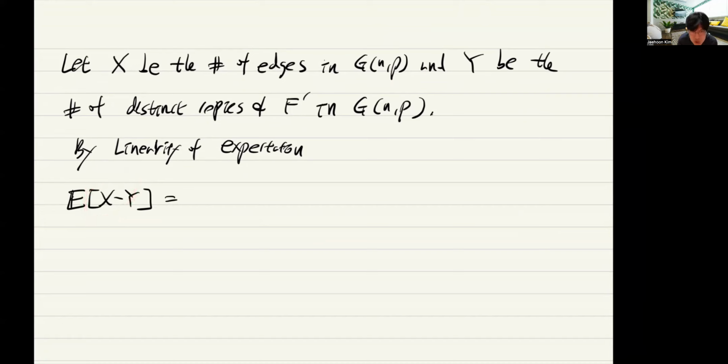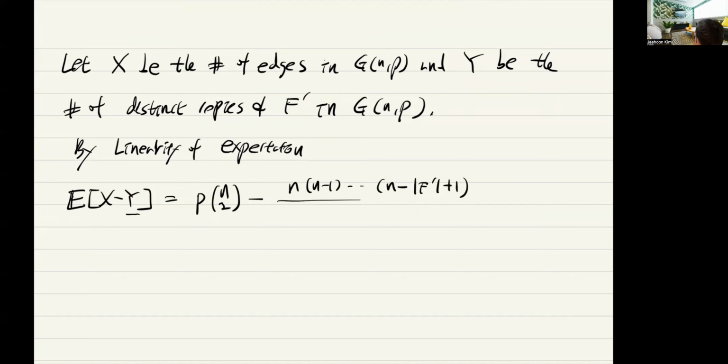Each pair is included as an edge with probability p, so its expectation is p times n choose 2. And for the latter one, there are n times n minus 1 times up to n minus the number of vertices in F prime plus 1 ways to choose the ordered tuple of candidates to obtain a copy of F prime, and depending on the number of automorphisms of F prime, we get this number.